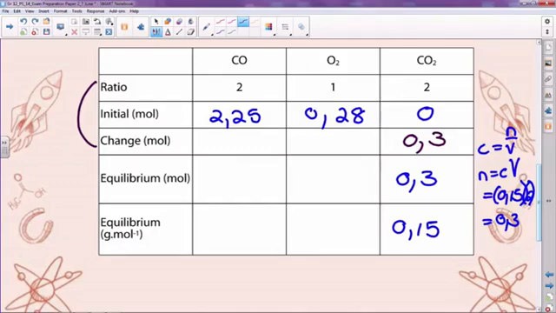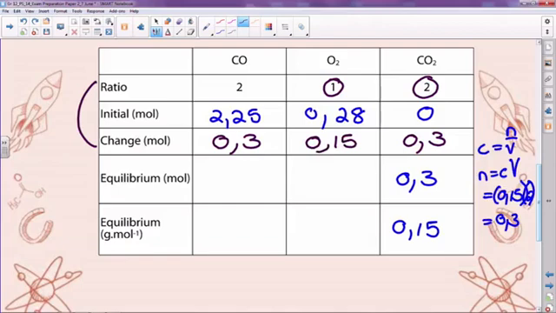So CO and CO2 are a 2 to 2, 1 ratio. That's the same as a 1 to 1 ratio. So I can just put 0,3 there. We're happy. The oxygen is 1, CO2 is 2, that's a 2 to 1 ratio, and I have twice as much CO2 as O2, so I need to divide the 0,3 by 2, that gives me 0,15.